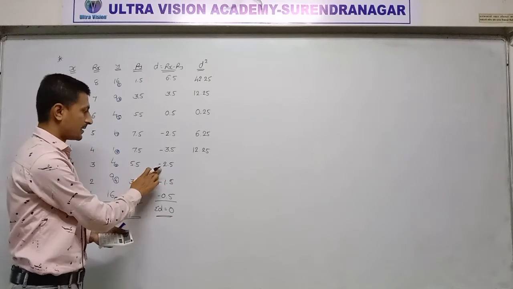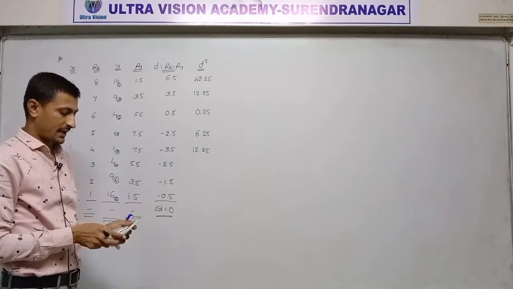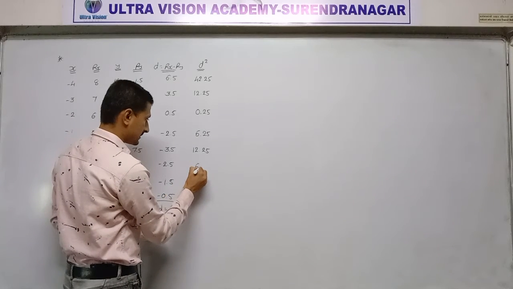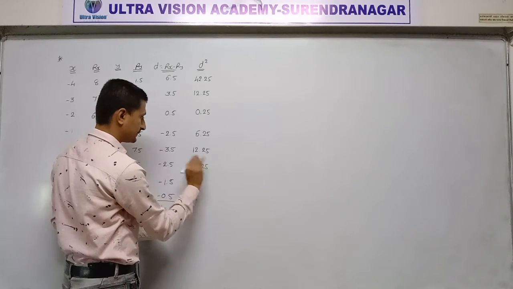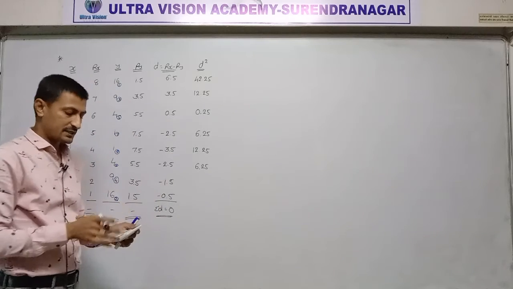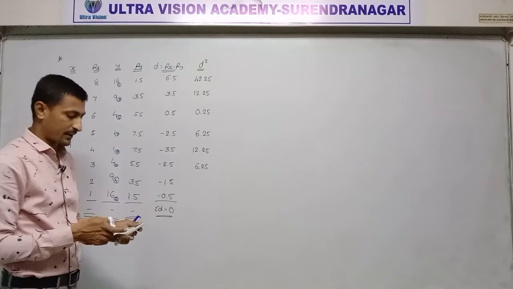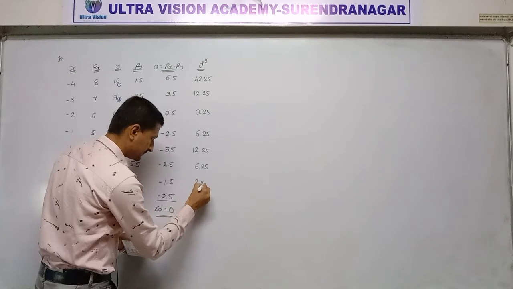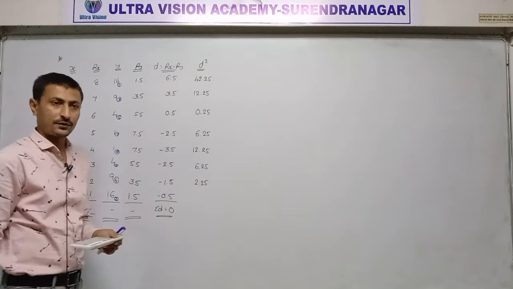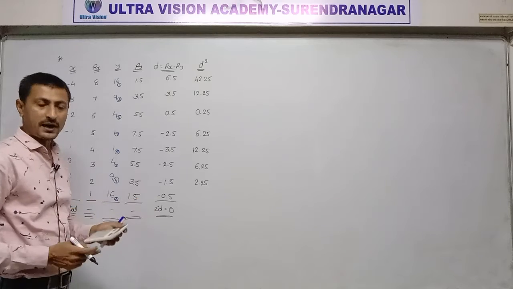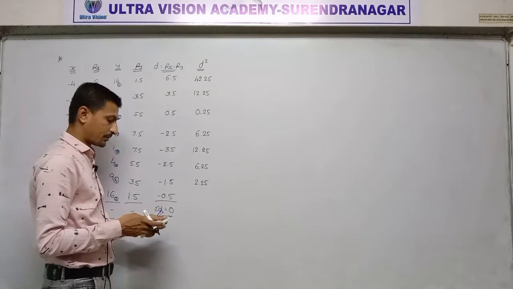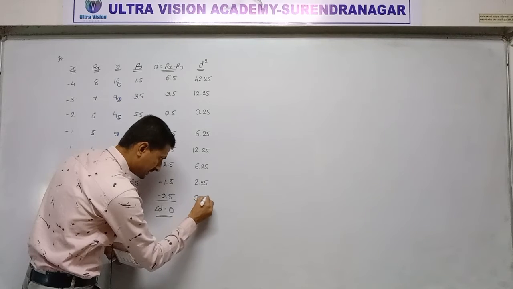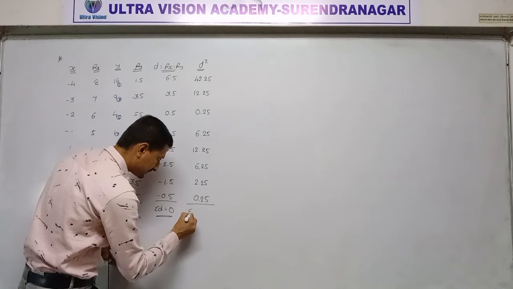Minus 2.5 into minus 2.5, 6.25. Minus 1.5 into minus 1.5, 2.25. Last, minus 0.5 into minus 0.5, 0.25.